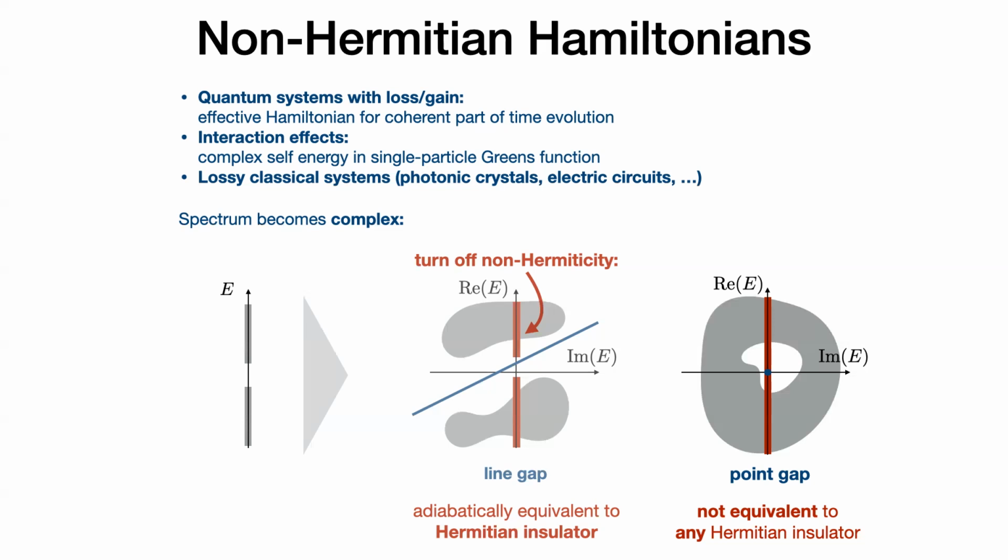I'm assuming, let's take a system that's line gapped, the middle plot, and let's just set all the non-Hermiticity to zero. All the non-Hermitian terms in the Hamiltonian I'll set to zero. Then in this kind of system, without closing the line gap, I get a perfectly Hermitian topology, like a Hermitian insulator, right? So that means that adiabatically speaking, this kind of non-Hermitian phase is the same as a Hermitian phase.